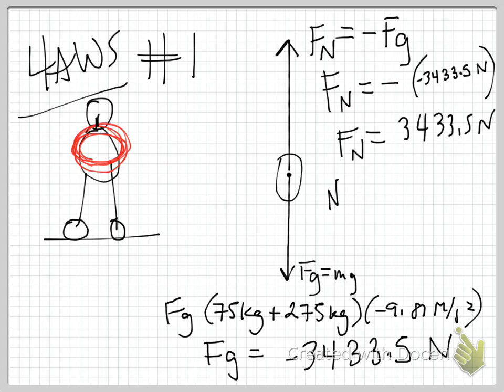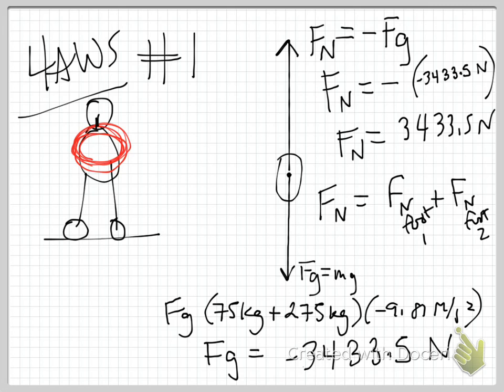So we can say something like this: Fn equals Fn1 plus Fn2, the normal force on foot 1 and the normal force on foot 2. Let me add the word foot there. Foot 1, foot 2.